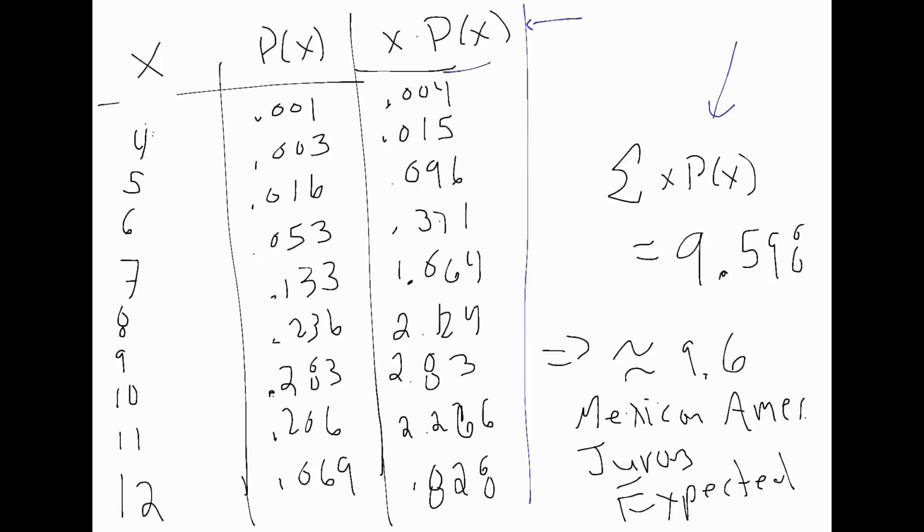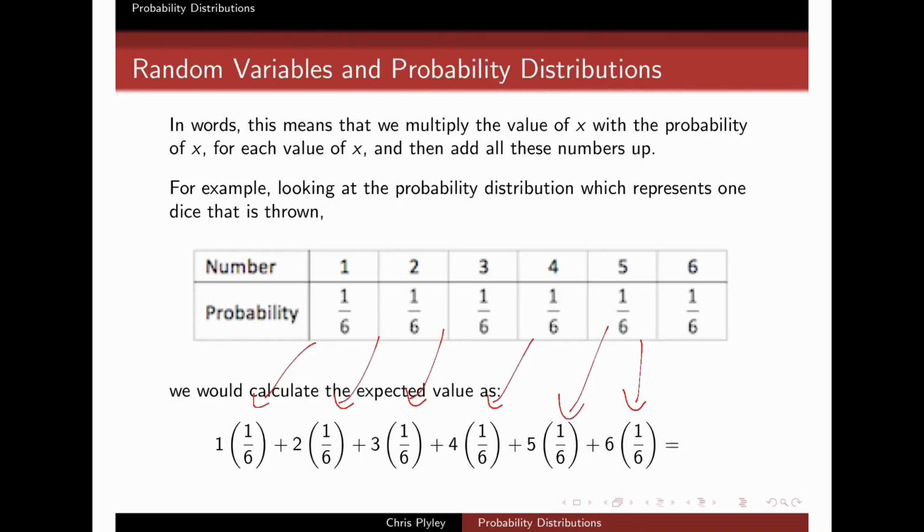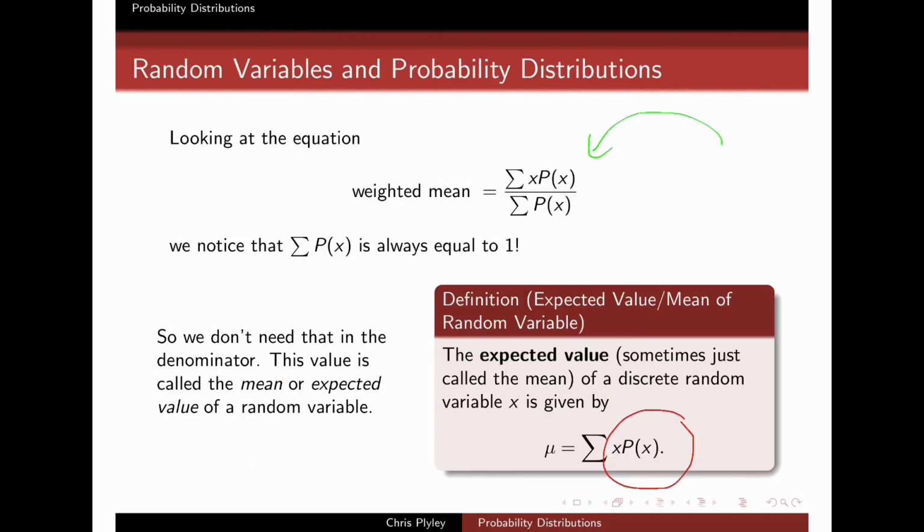And the beautiful thing about mathematics is usually that you know you've done something correct if it really makes sense when you look at it. And so what this should tell me is that in this particular town, I should expect on average to get about 9.6 jurors out of 12 that are Mexican American. Looking back, first of all, it makes sense, since the town's 80% Mexican American.